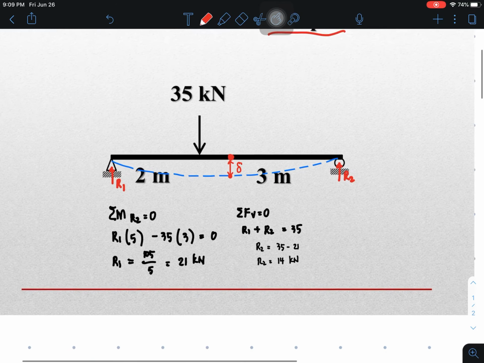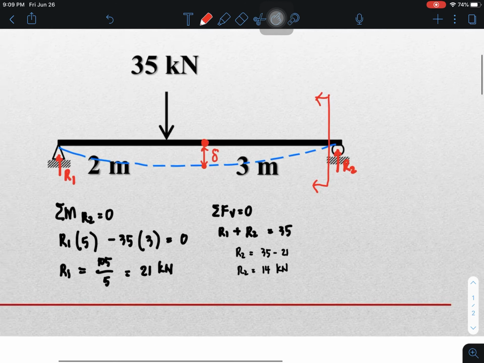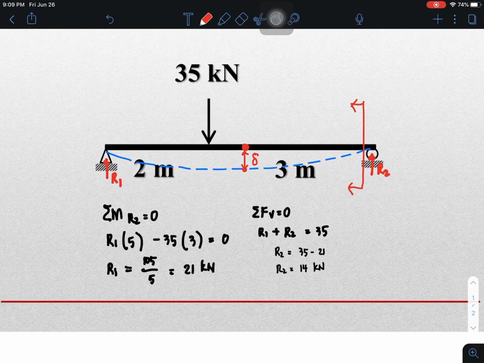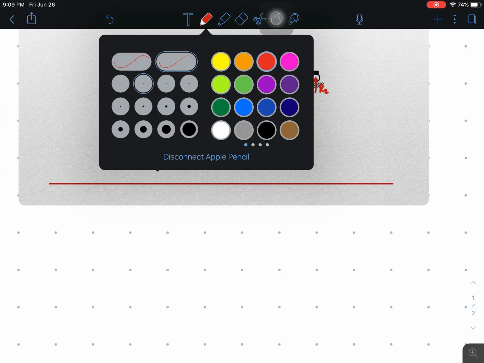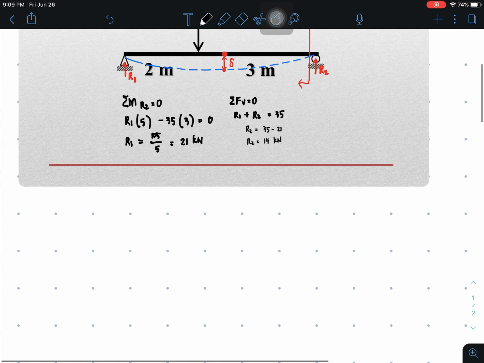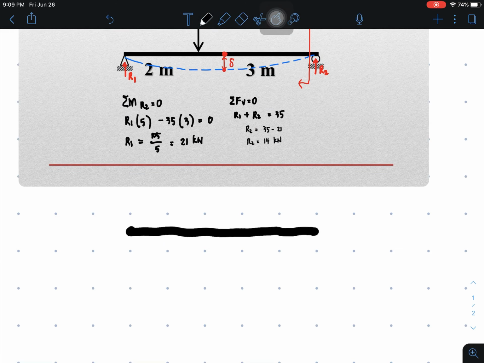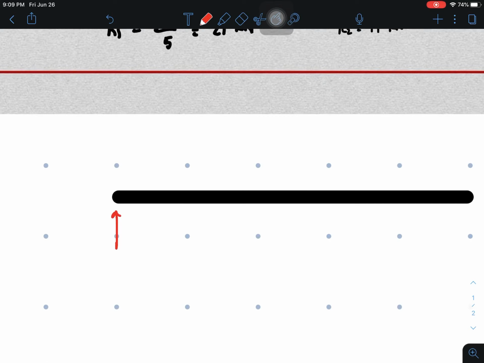First, we're going to cut the beam and consider the left section. By cutting, let's redraw the figure. So here, we have R1, which is 21.